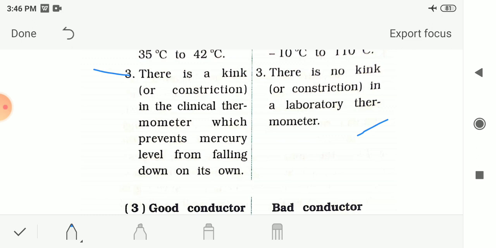Next is the difference in construction. The kink is present in the clinical thermometer, which prevents the mercury level from falling down, and in the laboratory thermometer there is no structure like a kink. So this is the difference between the clinical thermometer and the laboratory thermometer.